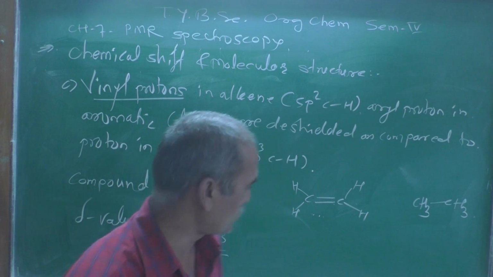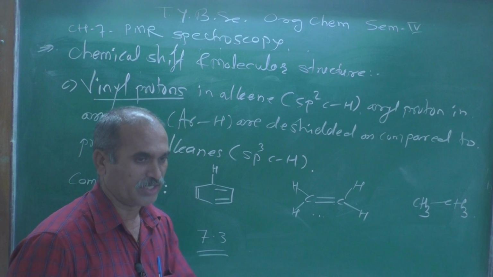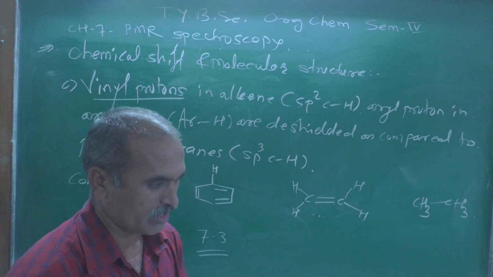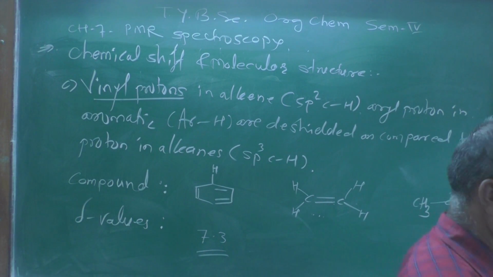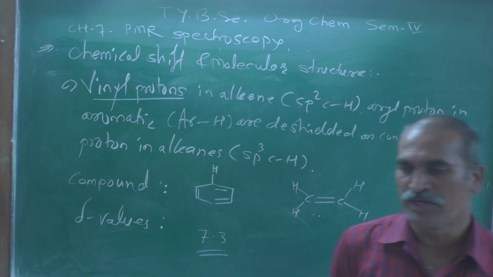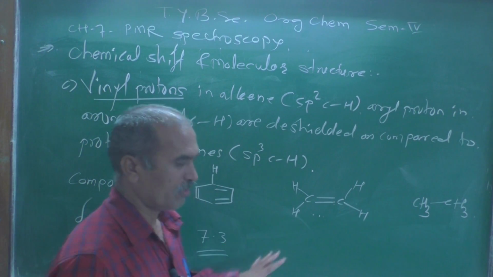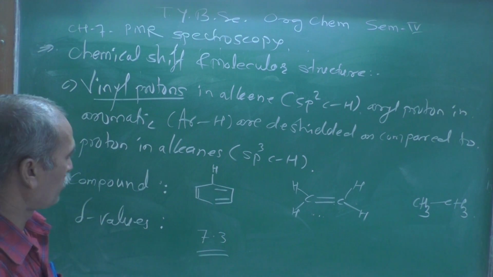If the chemical shift value appears around 7.3, there is definitely an aromatic compound present. So that is the first indication of the presence of an aromatic compound.